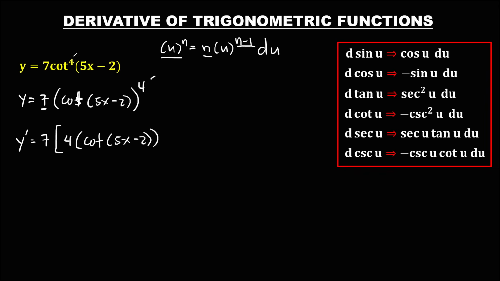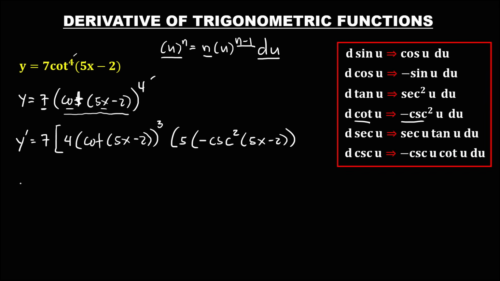So 4 minus 1, this one is 3, then times the derivative of u, or the derivative of cotangent 5x minus 2. The derivative of 5x minus 2 is 5, then times the derivative of cotangent, which is negative cosecant squared. So this is negative cosecant squared, then 5x minus 2.